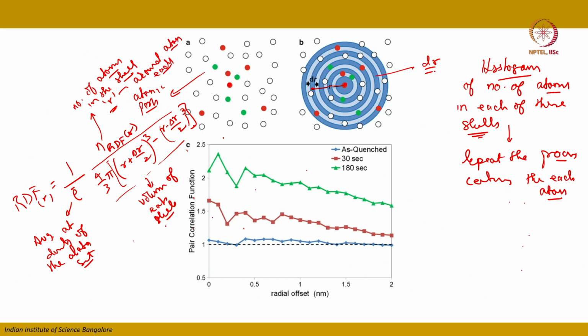This algorithm calculates this RDF from each atom of the data set.